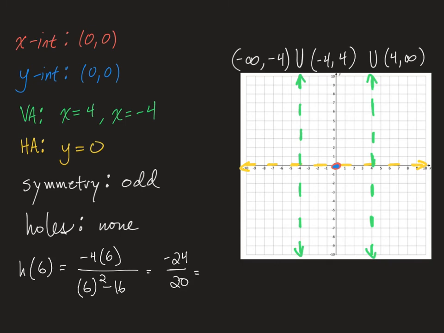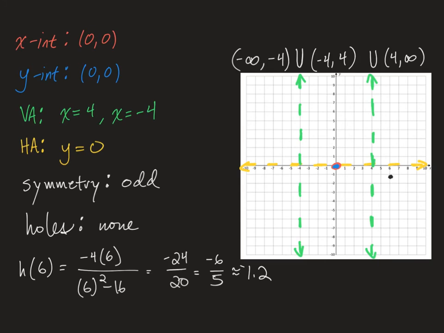Which is, so you can divide everything by 4. You get negative 6 over 5. This is about 1.2 with a negative in front. So this point here would be plotted at 6 comma negative 1.2. And right about there.